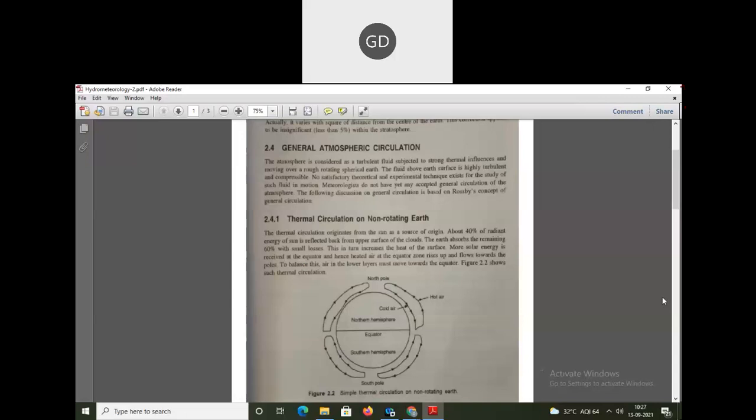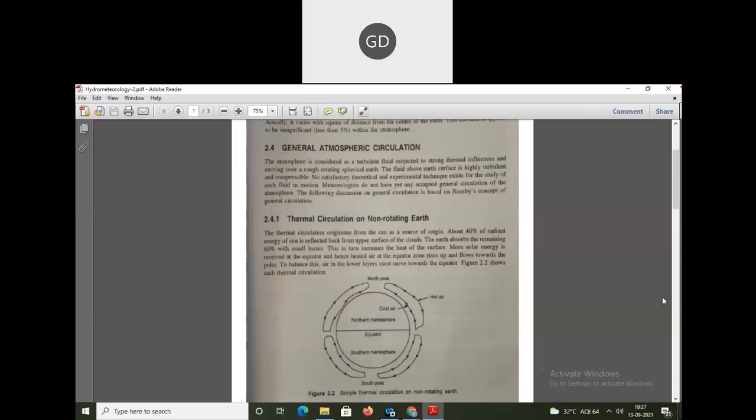Basically, the atmosphere is considered a fluid, a turbulent fluid, and this fluid is subjected to some very strong thermal influence, which is affecting it.